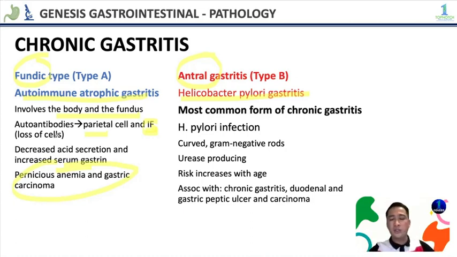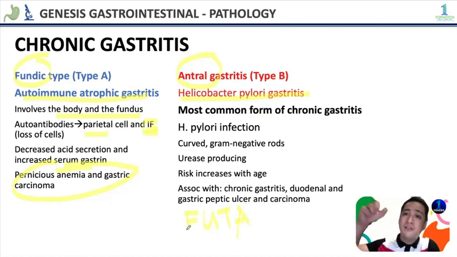And let's move on to the most common cause, the majority of your chronic gastritis, which is secondary to H. pylori infection. Remember FUTA. That is a mnemonic. What are the helping factors that will help this H. pylori to thrive?